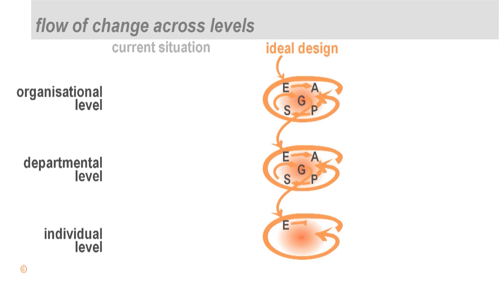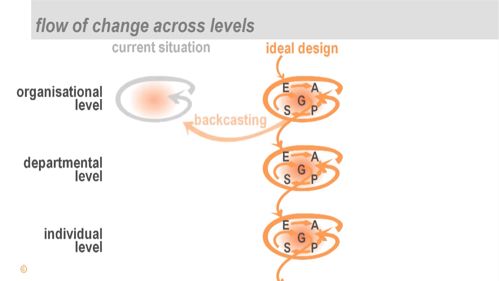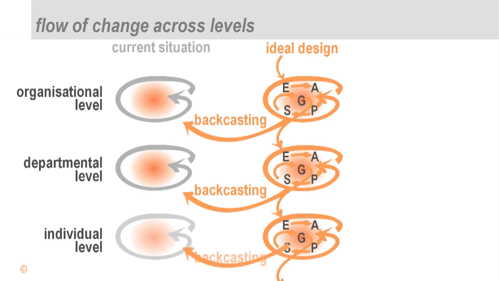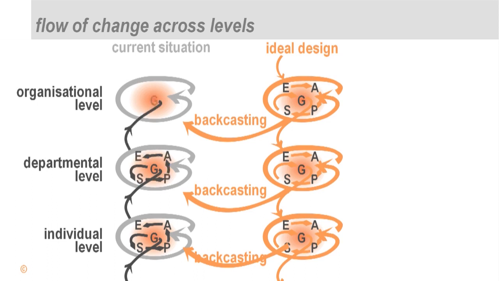This is the spatial cascading, and from each level the ideal sub-design is backcast to the current situation, where the interaction of the current and ideal future hopefully will reinforce in such a way that the ideal future of the organization as a whole is happening.